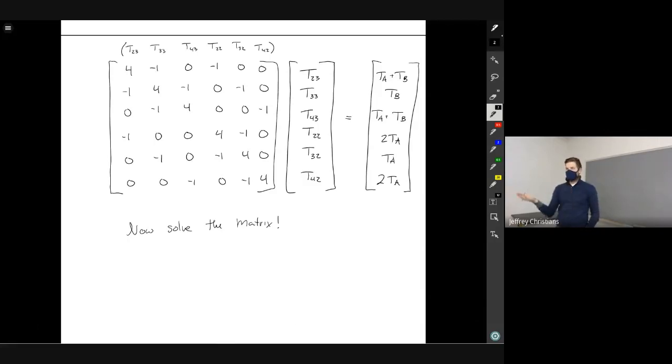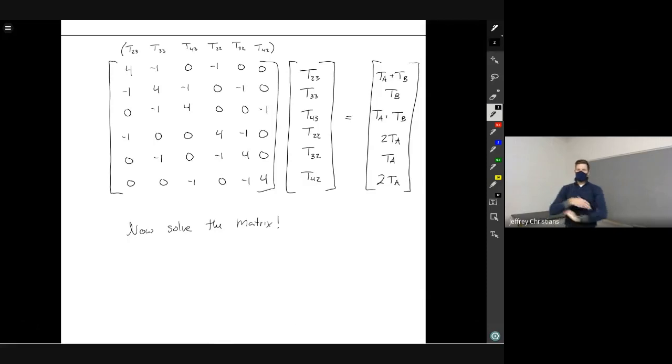You guys could solve it by hand. You might have to get out your math textbook and remember how we solve matrices, but I promise you could solve this one by hand. But obviously, if we went to a 100 by 100 matrix, or 1,000 by 1,000, or 10,000 by 10,000, that very quickly gets to be something you can't solve by hand.